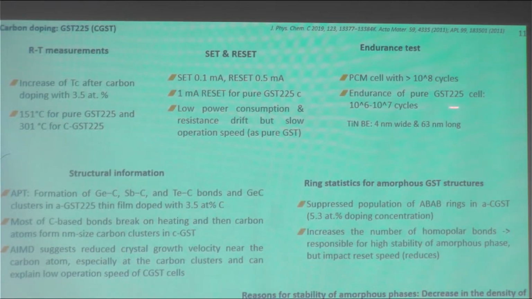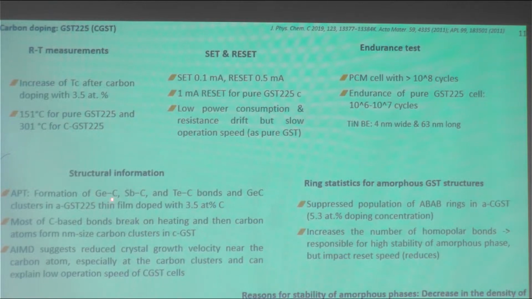For GST 225, it's like between 10 to the 6 and 10 to the 7. And this is one of the main reasons why the industry introduced several doping elements to the GST materials to increase this endurance.